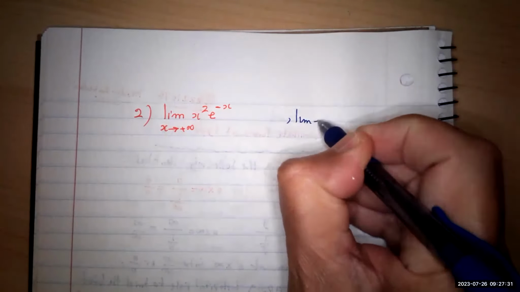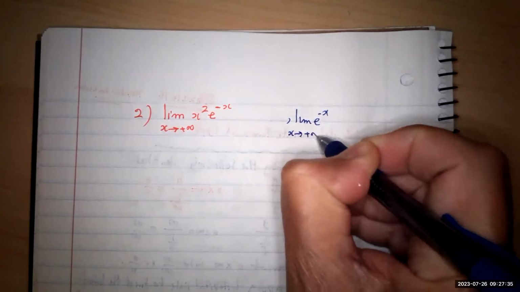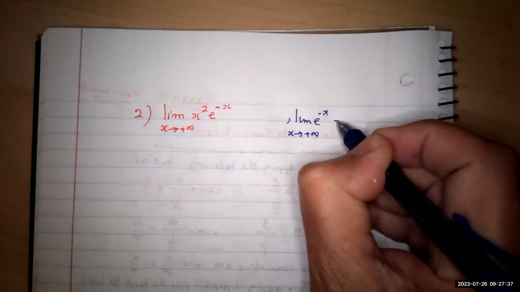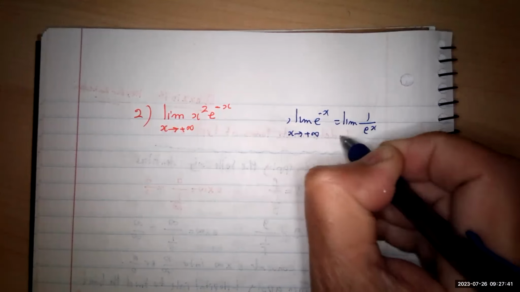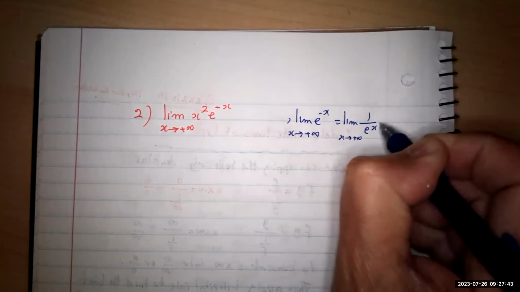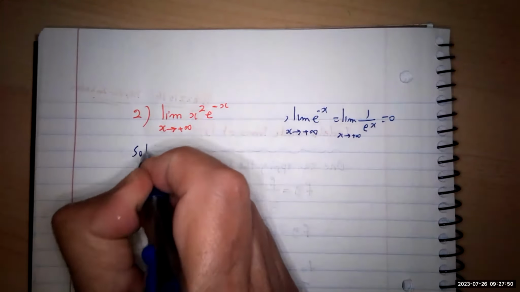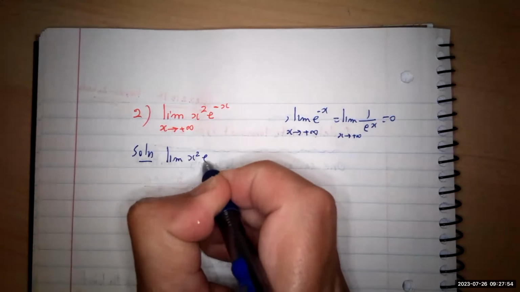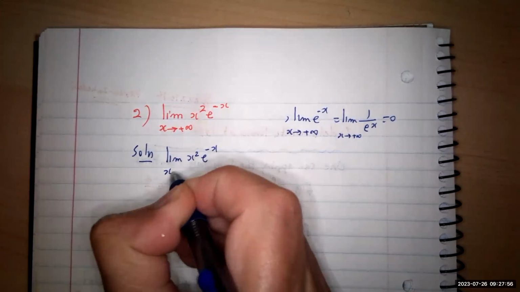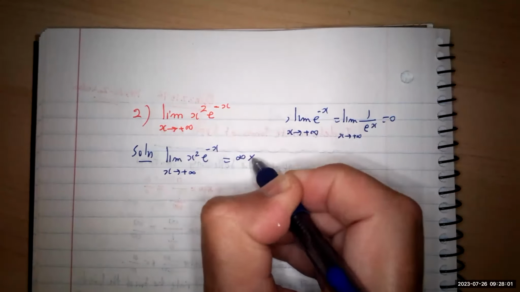It's like the limit of 1 over e to the x as x goes to infinity, and this is 0. So the case is, again, infinity times 0. So the solution is going to be, this is the limit of x squared e to the negative x as x goes to positive infinity. So this time you get a positive infinity times 0.